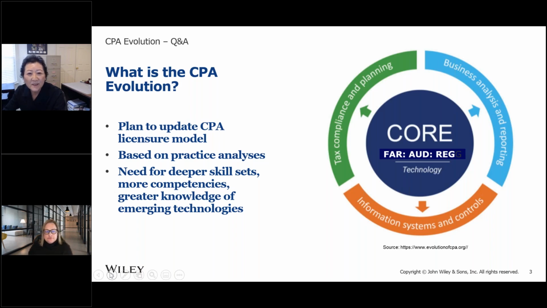We've all experienced the rapid technological changes that have occurred in recent years and felt their impact on our organizations. New CPAs need to be able to understand, utilize, and adapt to these changes. To ensure this, the CPA licensure model needs to change.